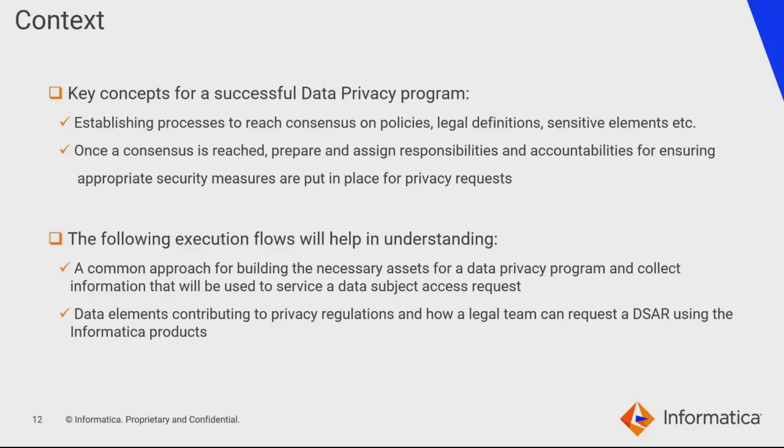The translation of the regulations to policies are typically determined by the legal teams, but once the policies are defined, it is critical that they are made available in Axon for the various teams to understand and consume. These policies can be associated to various facets and assets in Axon like systems and data sets so that the assets can be governed as per the regulatory needs.